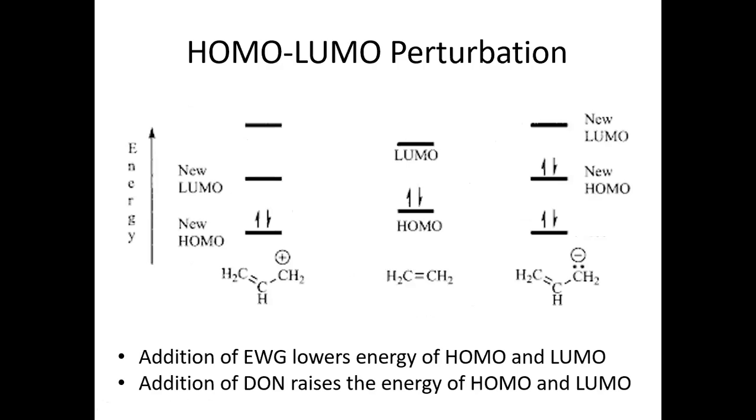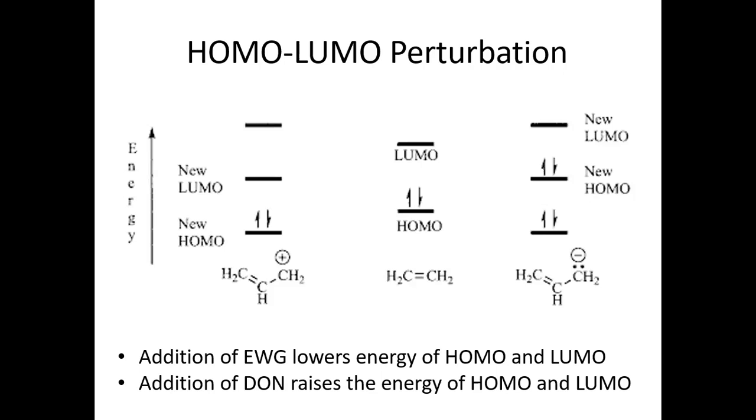All right. So now let's think about how we can use this to our advantage, right? We know about these HOMO-LUMO interactions, and we know that when two molecules that are reacting through molecular orbitals come together, they're going to react. The nucleophile is going to react through its HOMO, and the electrophile is going to react through its LUMO.